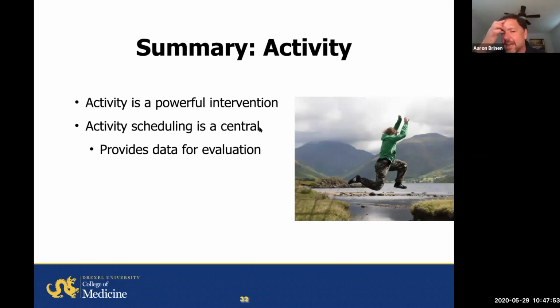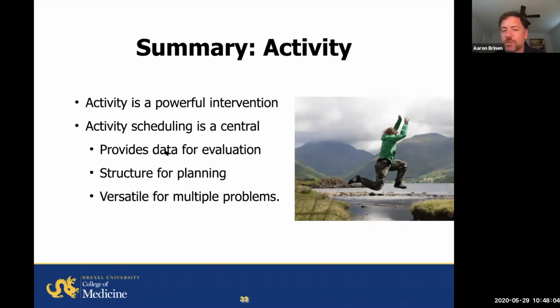It provides data for the evaluation points along the way, a really good structure for planning out what's going to happen, and it's a versatile intervention for multiple problems: hallucinations, delusions, thought disorder, anger and aggression, times of self-injury, problems with motivation, even problems with PTSD, any of these things.